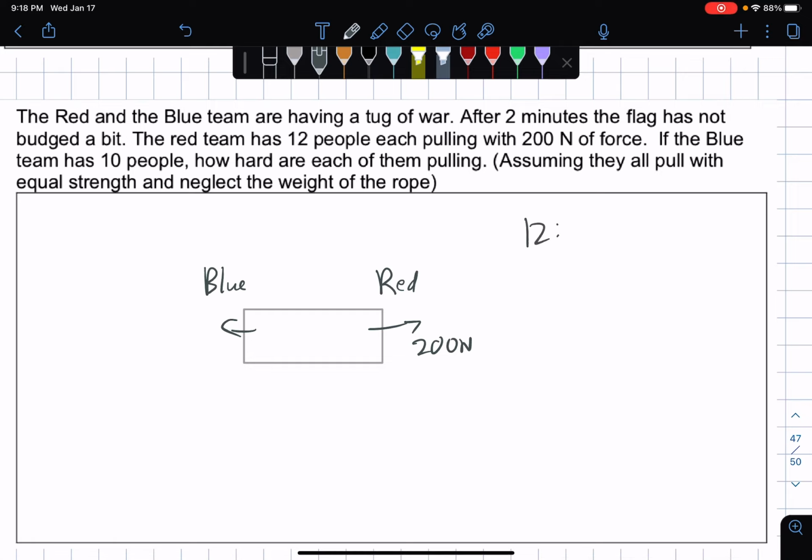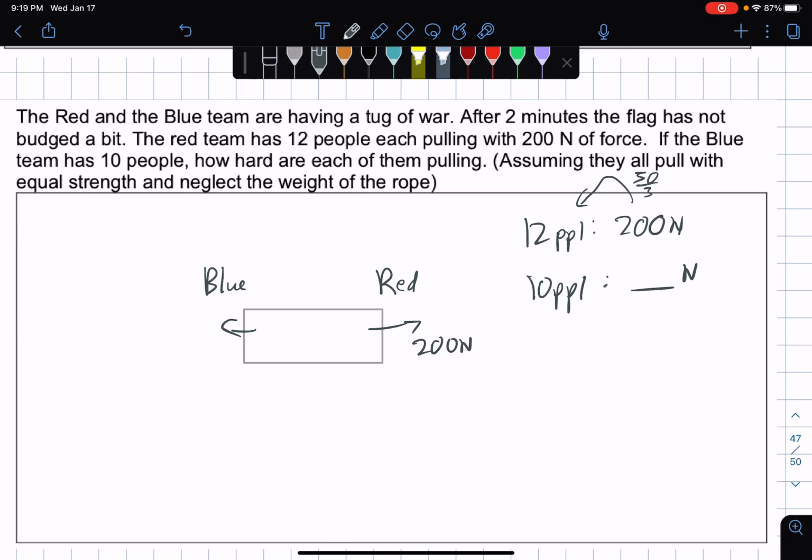Perhaps ratio and proportion. I hope this works. 10 people. And then we have how many newtons in that case? If 12 is to 200, 200 divided by 12 is 50 over 3. So 200 times 50 over 3 is equal to, wait, no. This is supposed to be 200 divided by 50 over 3.